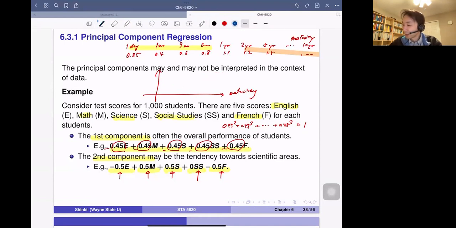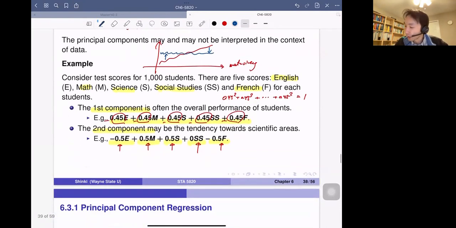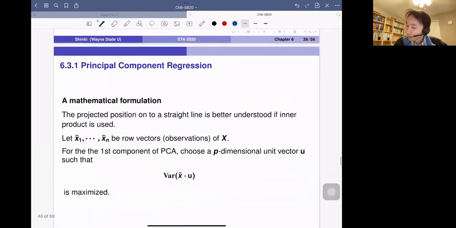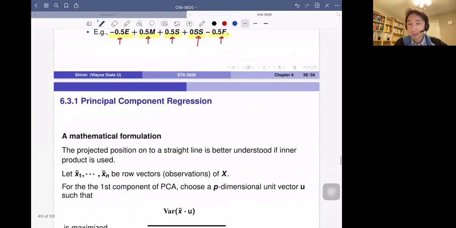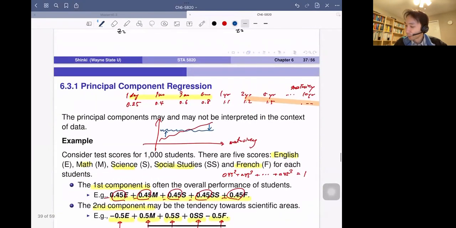Suppose the yield curve is like this, then sometimes the yield curve becomes this. So shorter interest rates get higher and longer interest rates get lower, or the other way around. That is usually the second component. The third component and following are really hard to interpret.